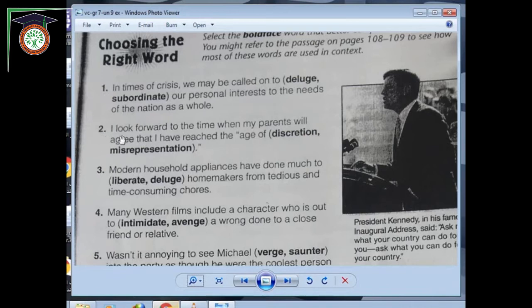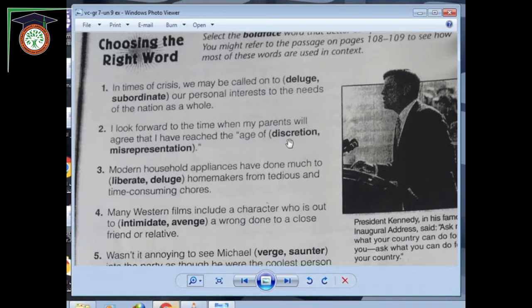Number 2, I look forward to the time when my parents will agree that I have reached the age of discretion, misrepresentation. Alright, what is the clue word here? I have reached the age of. My parents will agree that I have reached the age of.